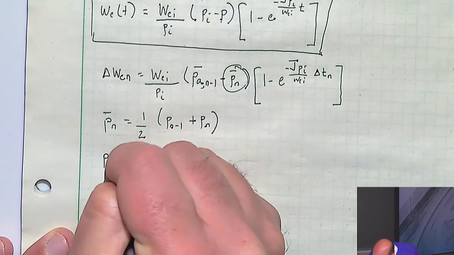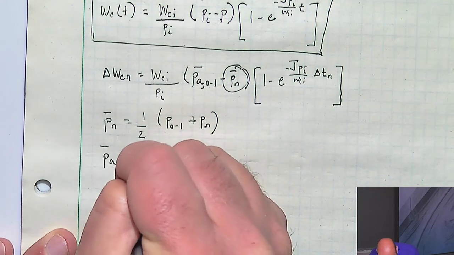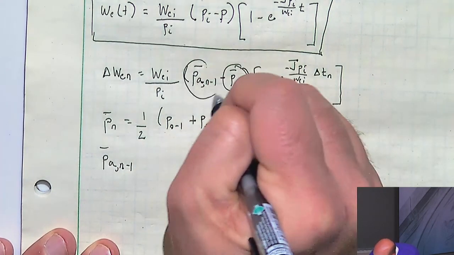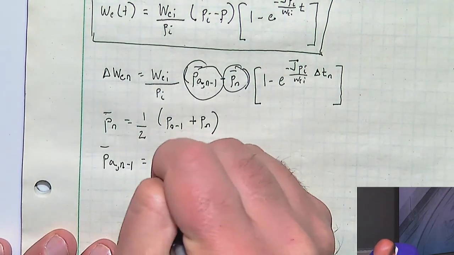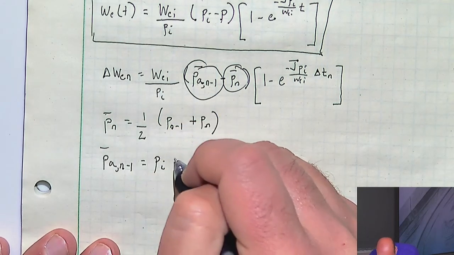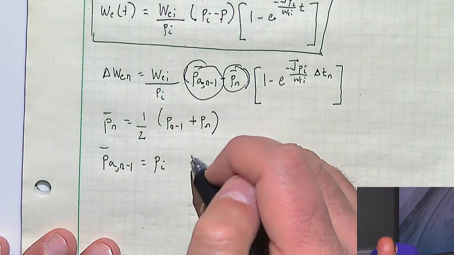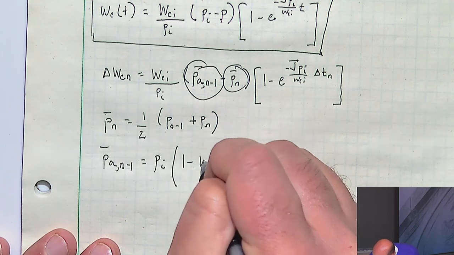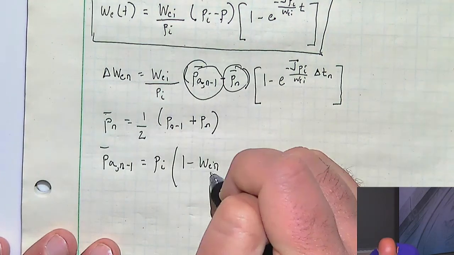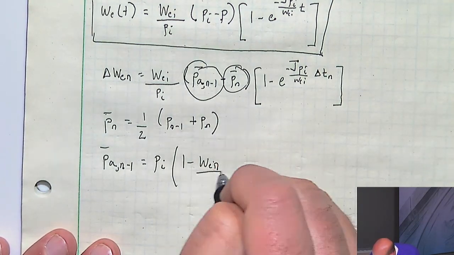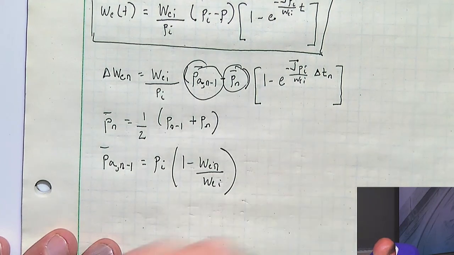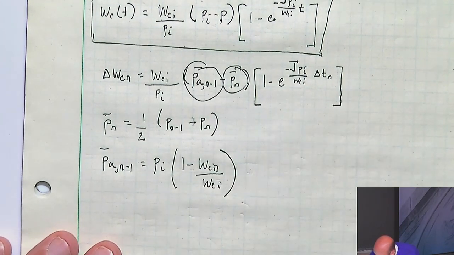And then Pa_(n-1), this thing, is equal to Pi times (1 minus We_(n-1) over Wei). And then everything else you get in there.